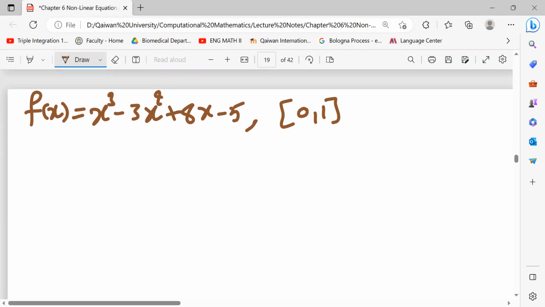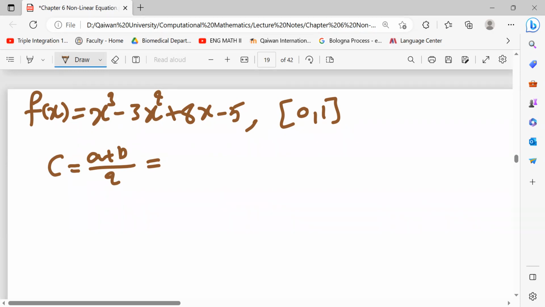In the bisection method, we need to find new intervals at each iteration. In the first iteration, we need to find the midpoint of the given interval, and then we choose the correct new interval. We say C is (A plus B) over 2. What are A and B here? A and B are 0 and 1.